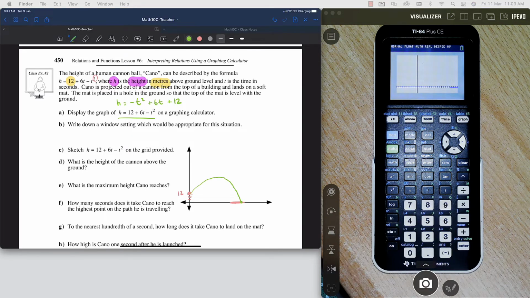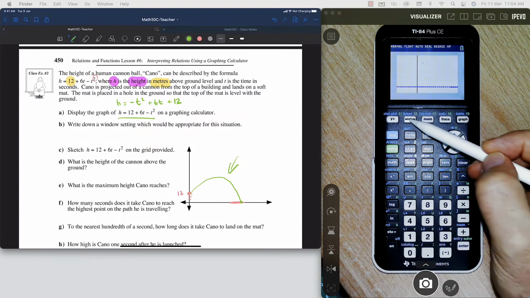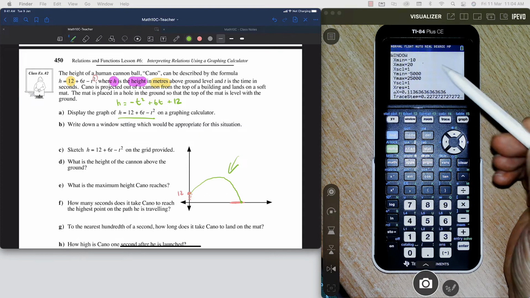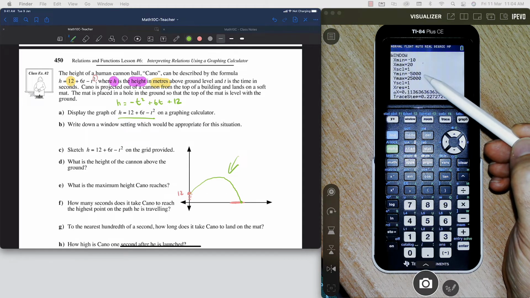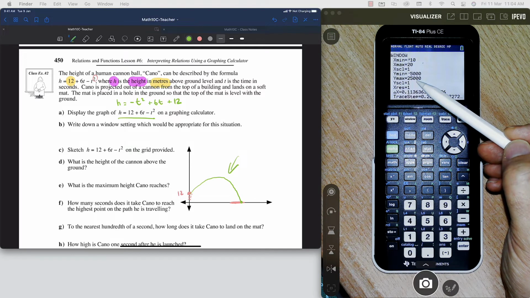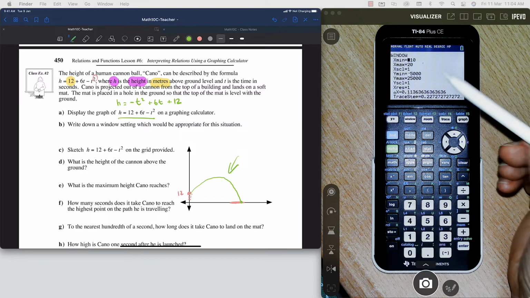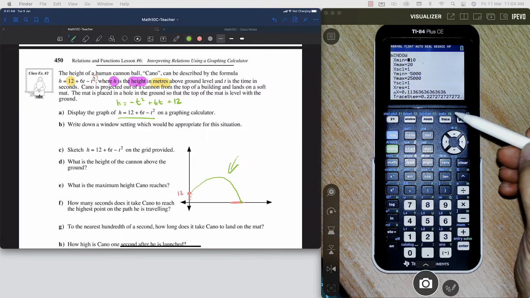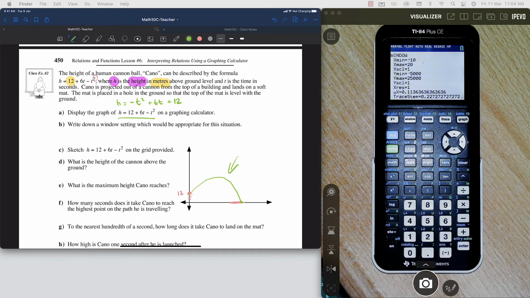That is not what we assumed would happen here, so it's probably something to do with my window. If I look back in here, this was set up for the last one with a y minimum of negative 5,000 and a max of positive 25,000. So that's showing a range that's too huge, and we're not going to see that correct shape.